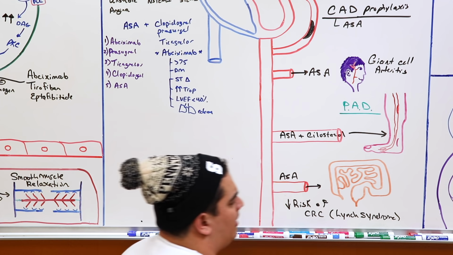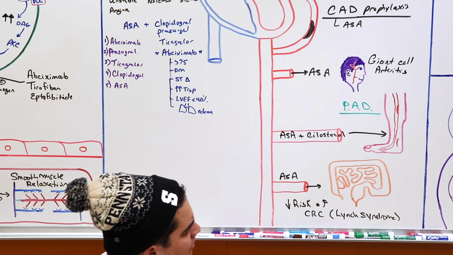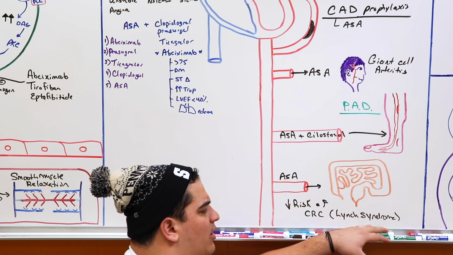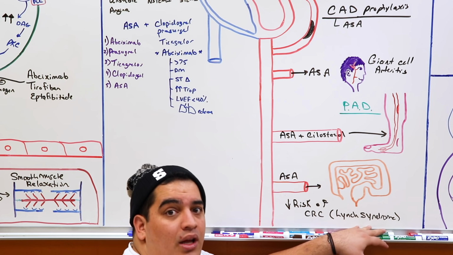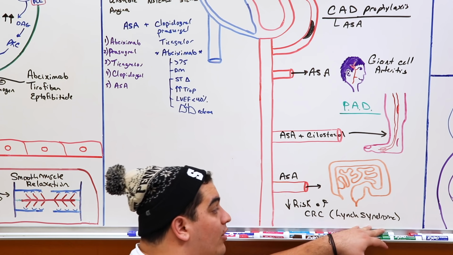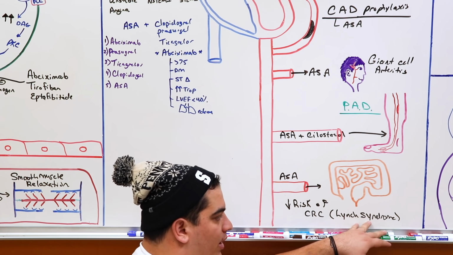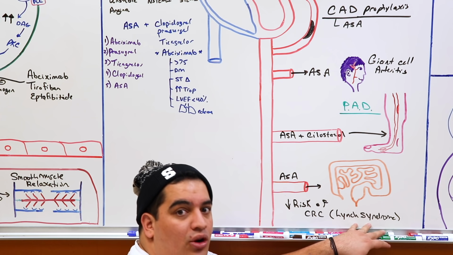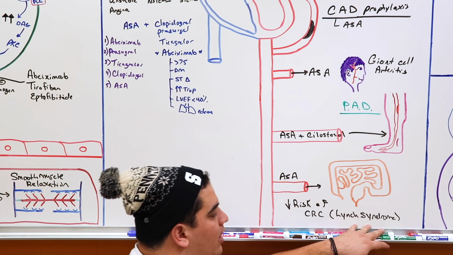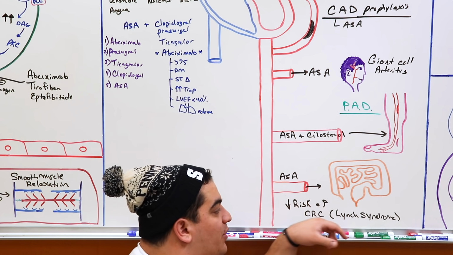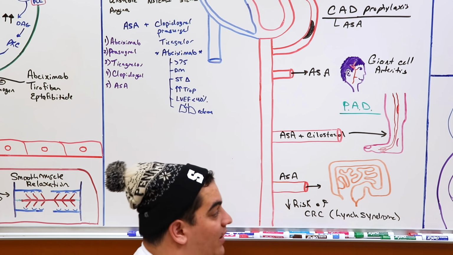If you know a little bit about Lynch syndrome, it's basically a tumor that can form in multiple areas of the body, like colorectal, endometrial, ovarian, renal, pancreatic. So a lot of different things can happen with this. And there are different variants like Turcot syndrome and Gardner syndrome. So again, they've shown that aspirin has the ability to decrease the risk of colorectal cancer significantly.